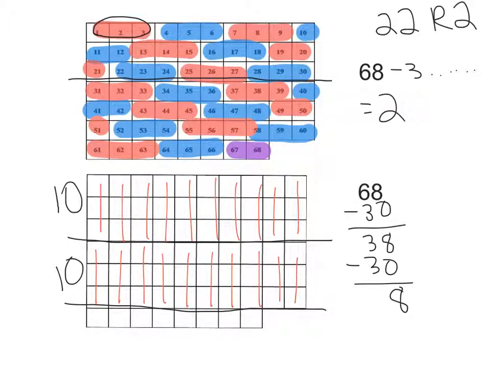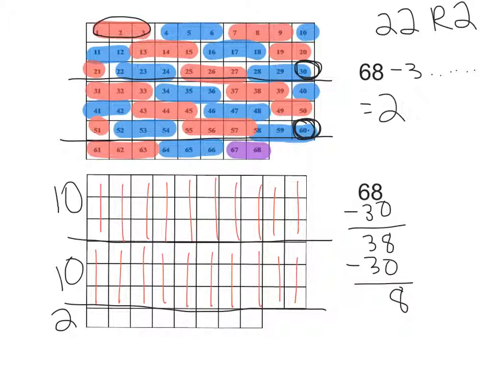It's exactly the same thing that happened up here. So if you see, the first chunk, 10 groups of 3, is 30, and the second chunk is another 10 groups of 3, which gets us to 60. So now we have 8 to deal with. The friendly number that I'm going to choose now is 2.